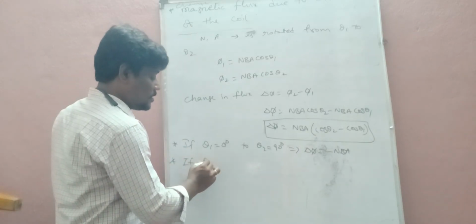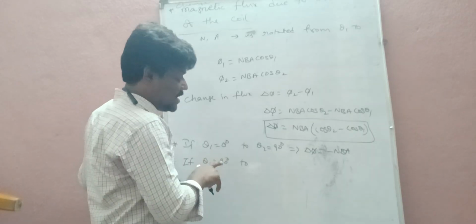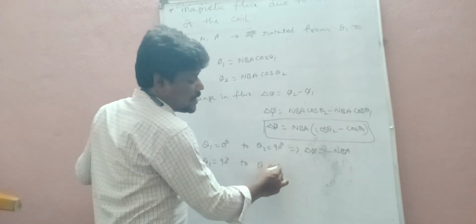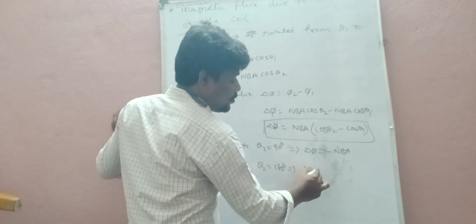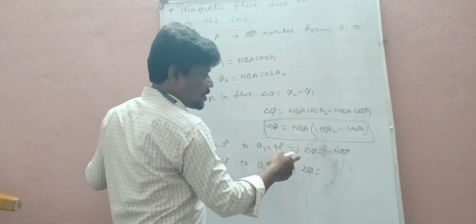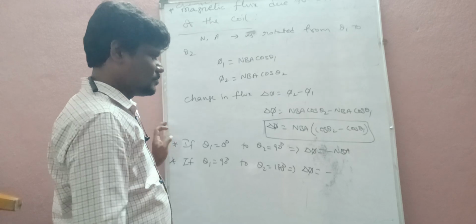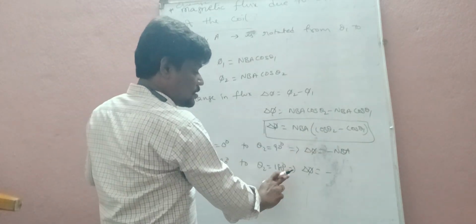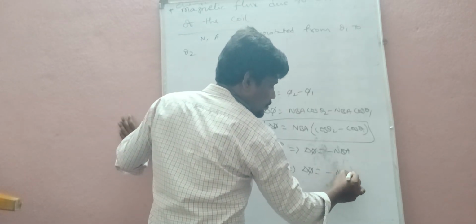If the coil is rotating from 90 degrees to 180 degrees, that is delta phi equal to cos 90 equal to 0, cos 180 equal to minus 1, that is minus NBA.